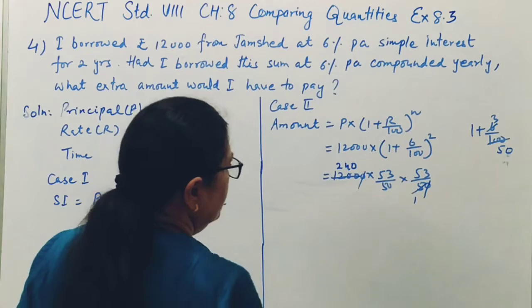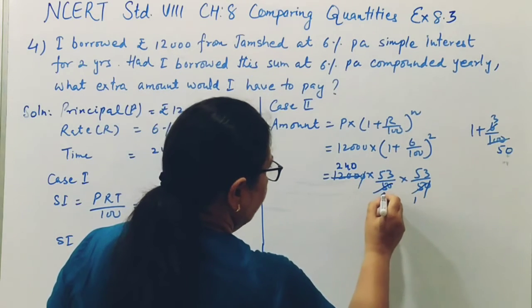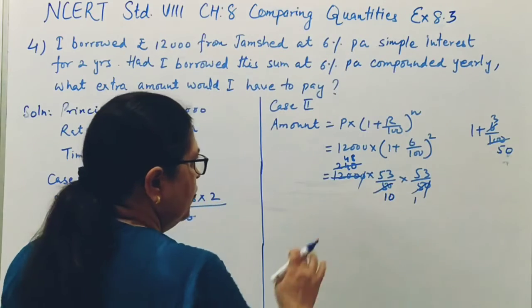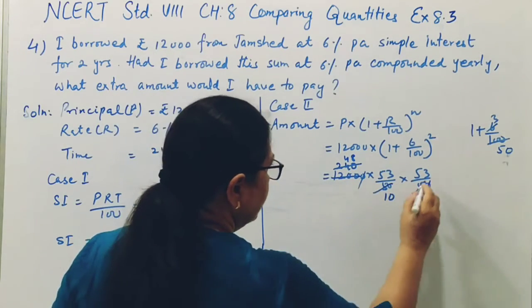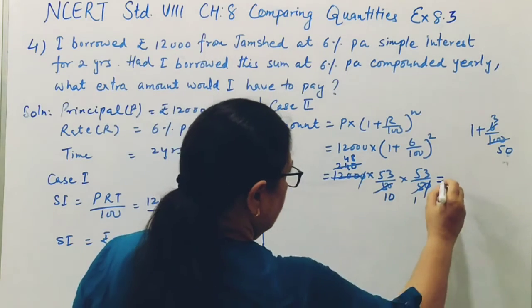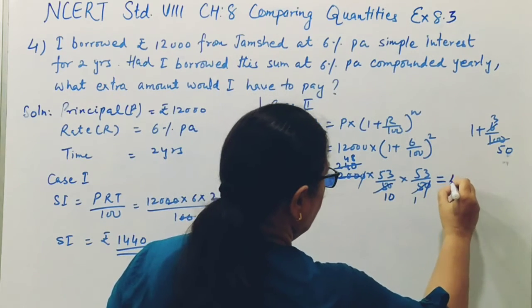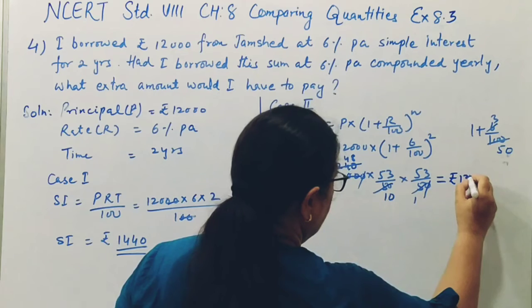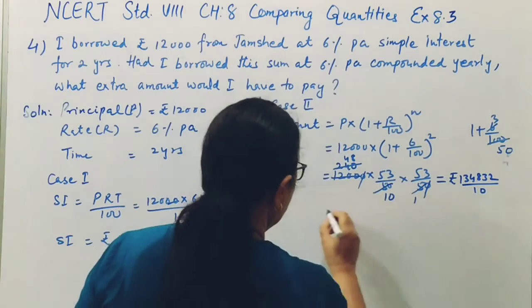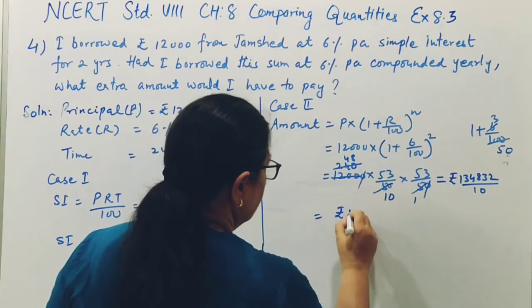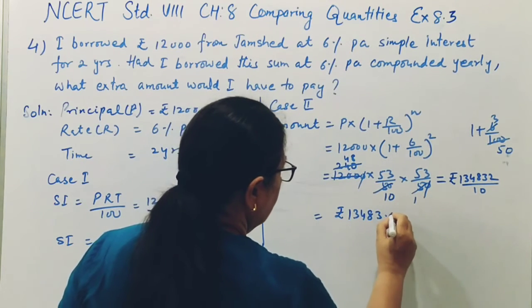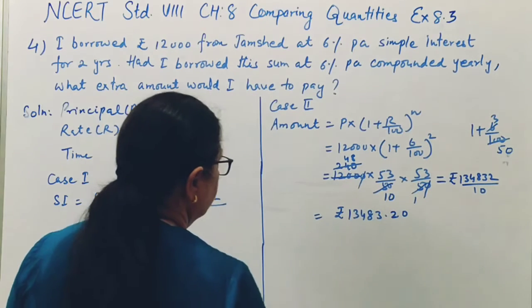After cancellation with 5 we get 48 into 53 into 53 upon 10. So we get rupees 134,832 upon 10, that is rupees 13,483.20.